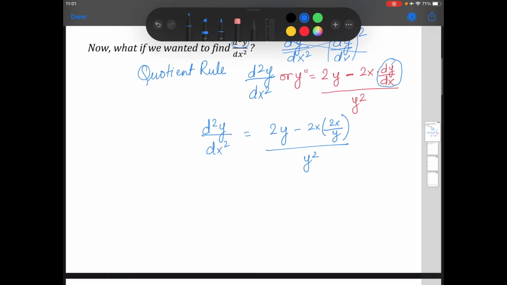And you must simplify that. So this would be 2 over y, right, minus 4x squared over y cubed. So that's your final answer. This is your second derivative.